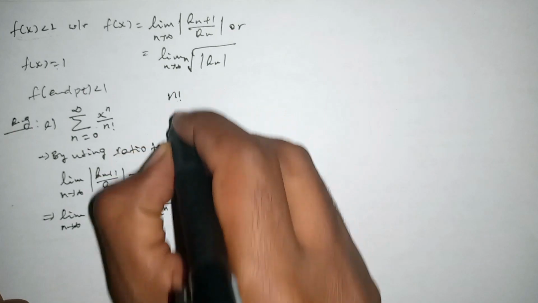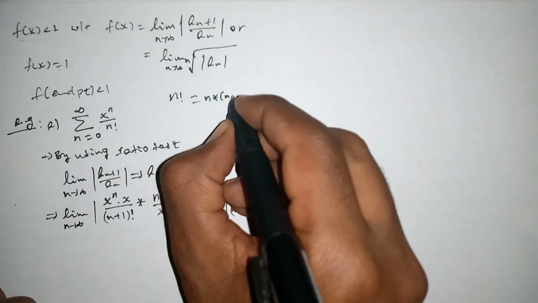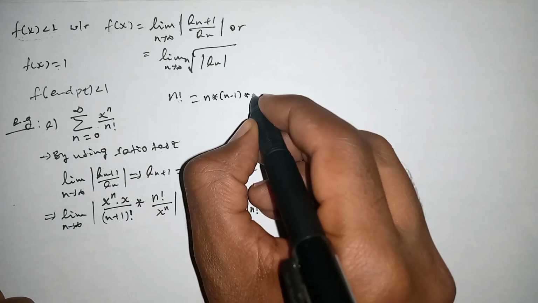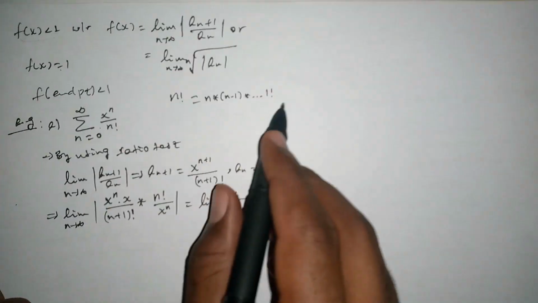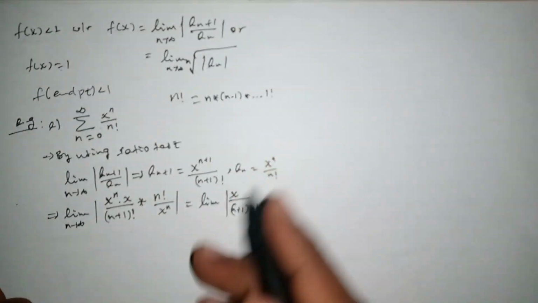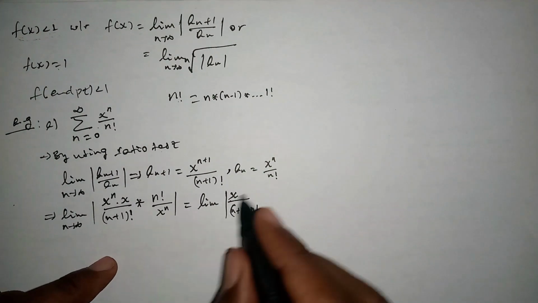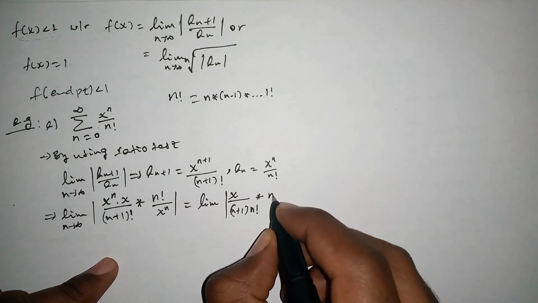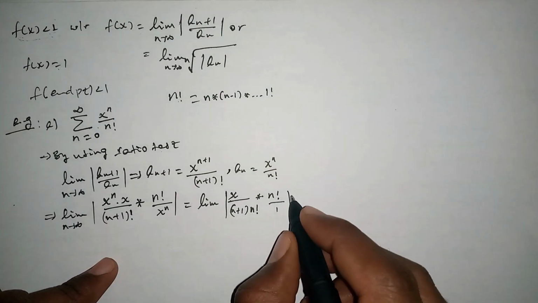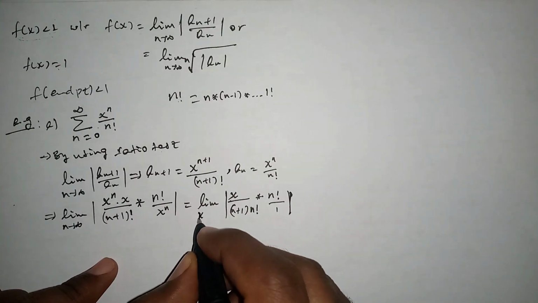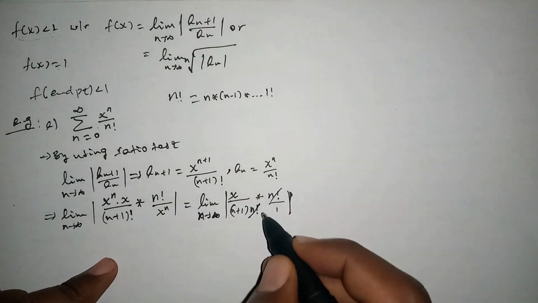N factorial means n times n minus 1 times up to 1 factorial. So up to 0 factorial, we can say 1 factorial because 0 factorial is 1. Here the result is n factorial over n factorial, which is 1, as n approaches infinity. So we have here n will be cancelled.